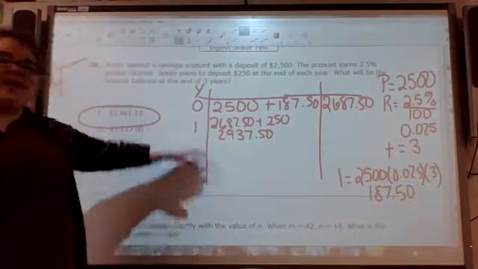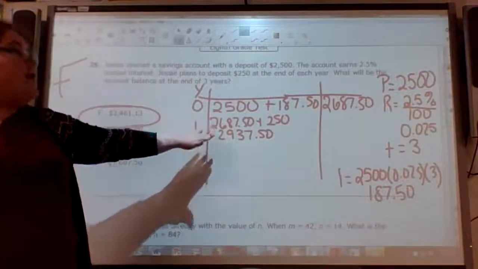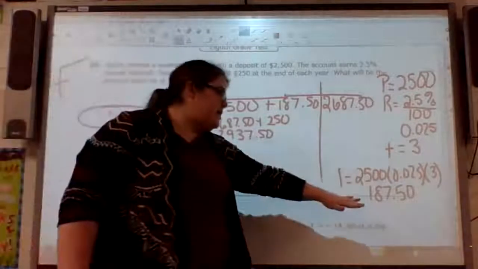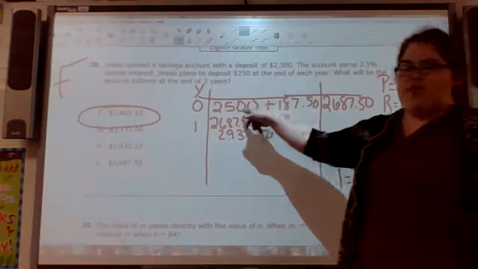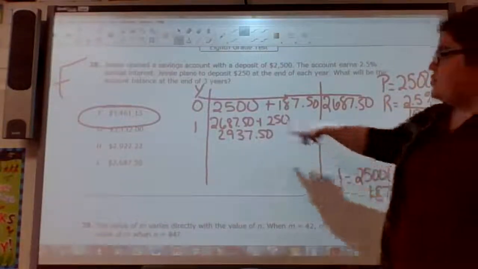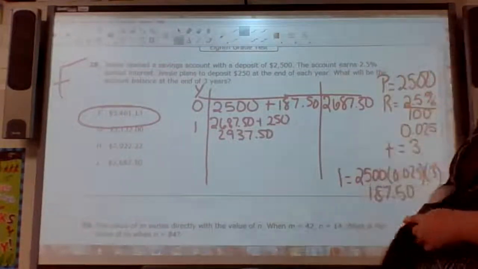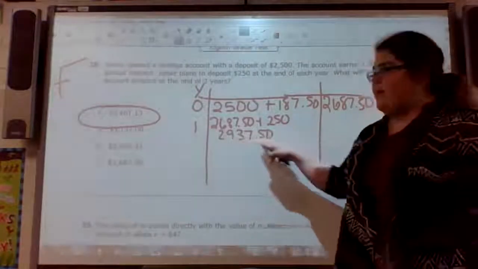This is how much is in my bank account. But again, I'm earning interest again. However, my interest isn't on the $2,500. My interest is on the $2,600 because this is how much I have in my bank.